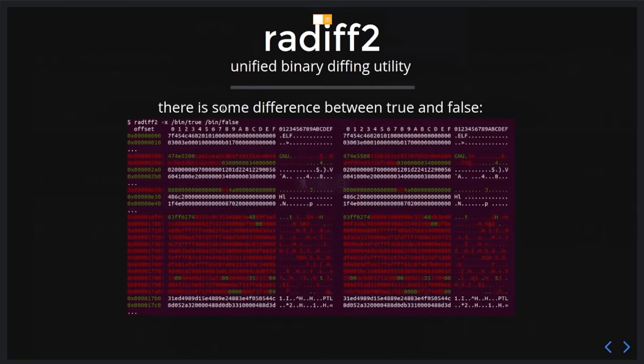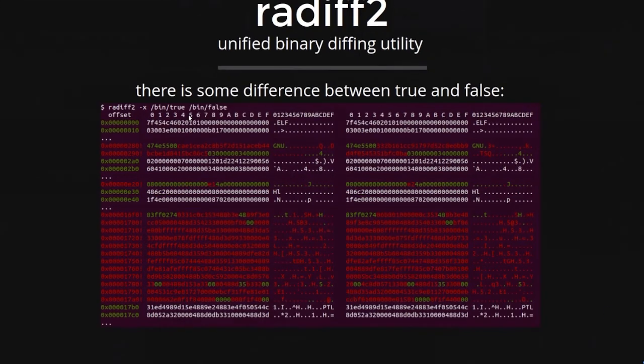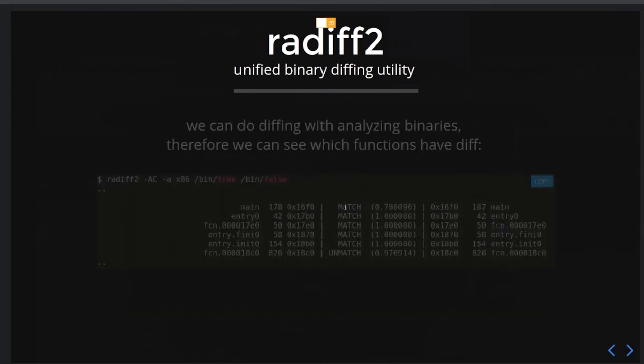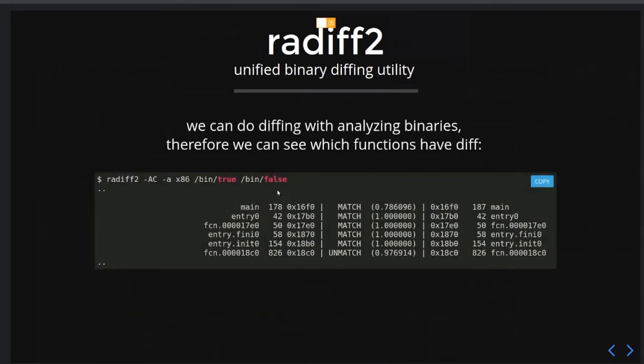Also, you can compare bin true with bin false. There are such utilities in such way as in hexadecimal representation. Sometimes it's very useful to understand what changed in files. Also, you can do diffing with analyzing binaries.